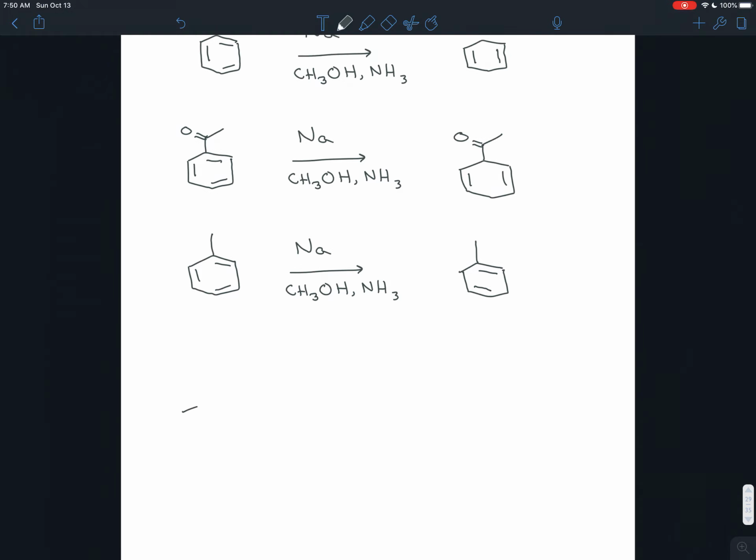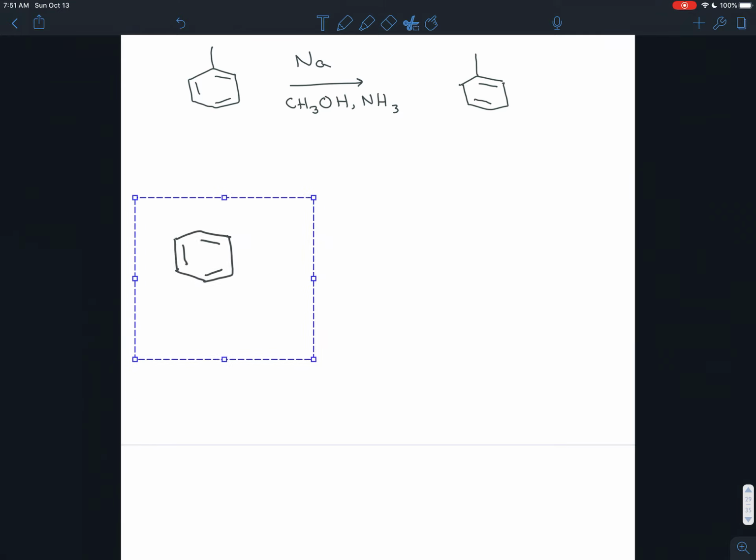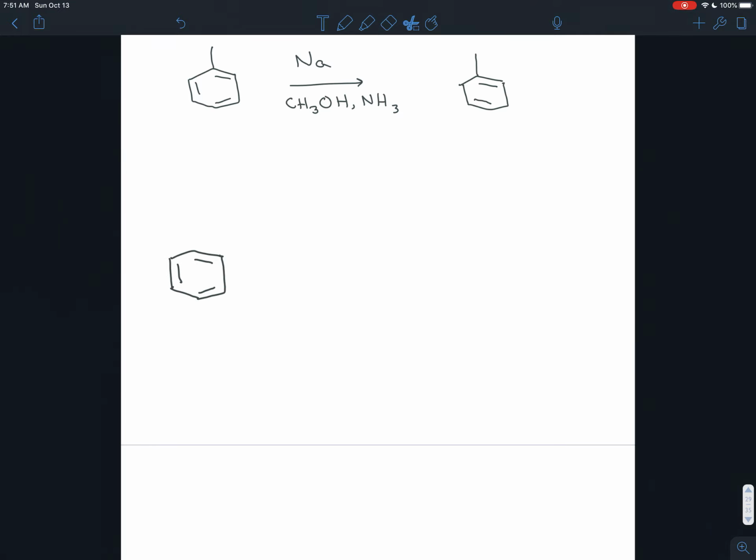So first you have, let me draw a benzene with all the hydrogens on it. Okay, and each of the carbons in benzene has 1 hydrogen on it. Remember, we're doing a reduction, so we're going to have a bond to a second hydrogen on a couple of these carbons.